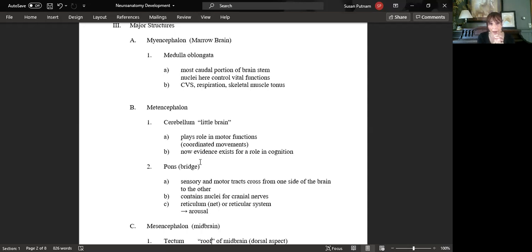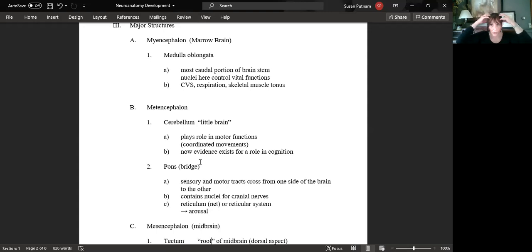You can see that cere comes from brain, bellum is little, and this structure plays a huge role in motor functions, particularly coordinated movements that become more or less automatic, okay? And it used to be thought that that's all it did. It was only, okay, this is your movement. But now we know that there is a role for it in cognition.